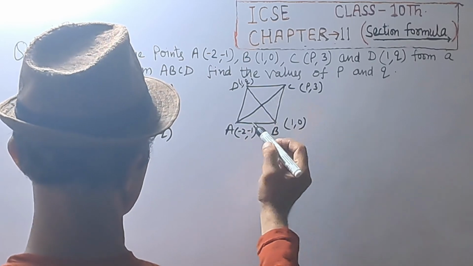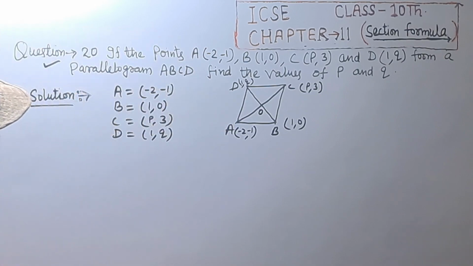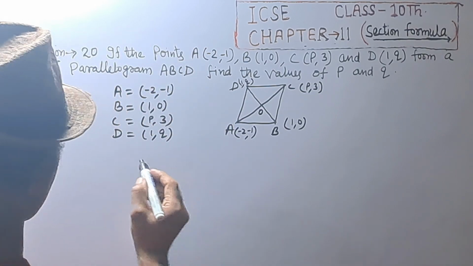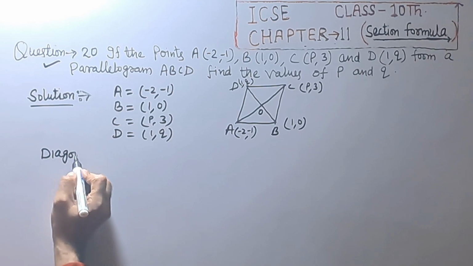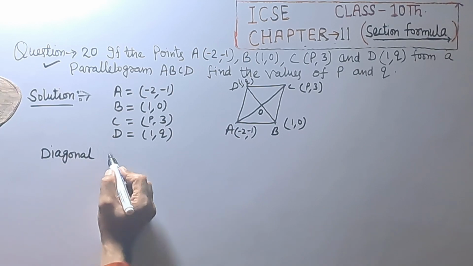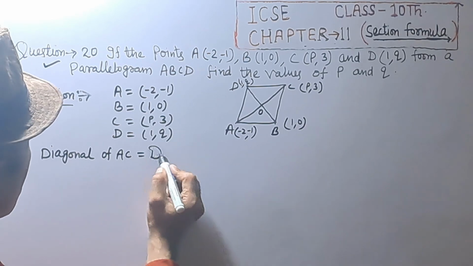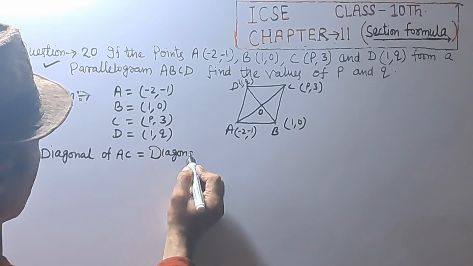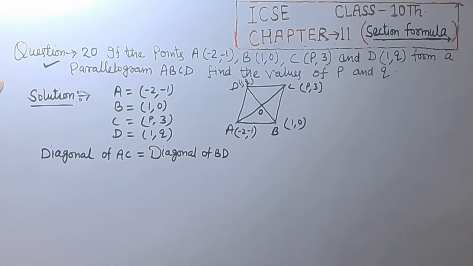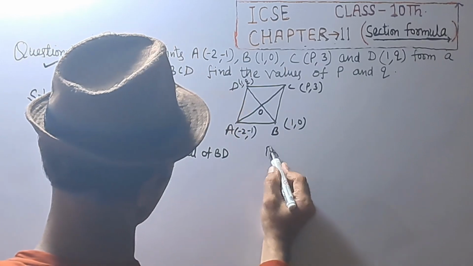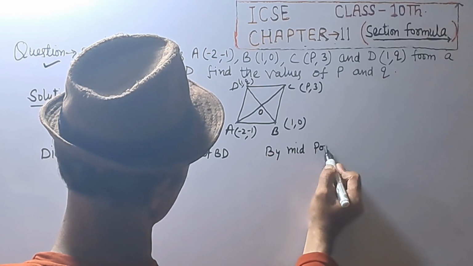Join BD and AC at point O. The diagonal AC is equal to the diagonal BD, by the midpoint formula.